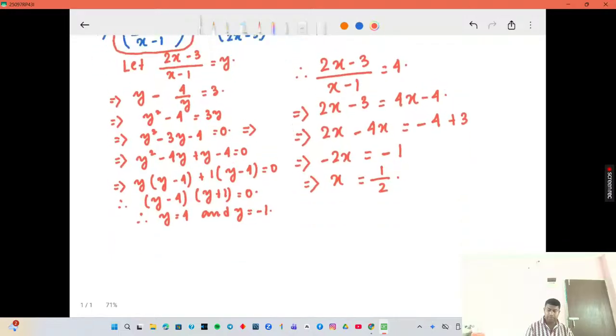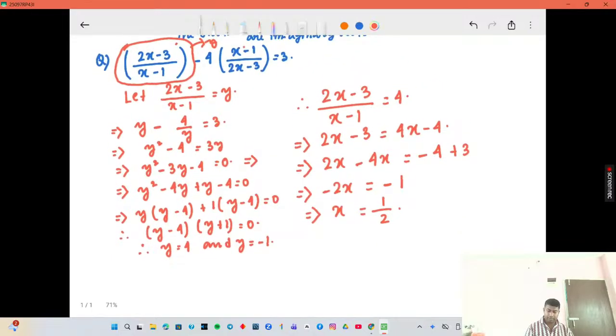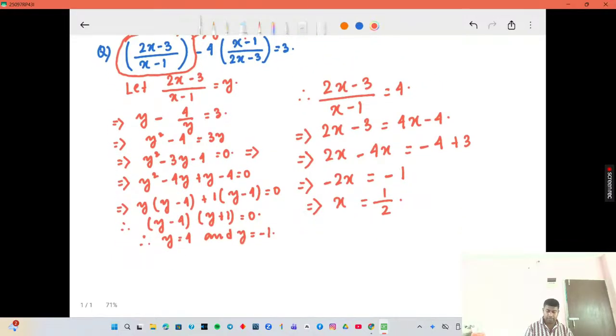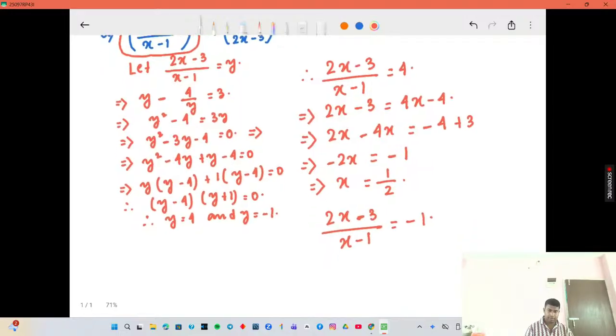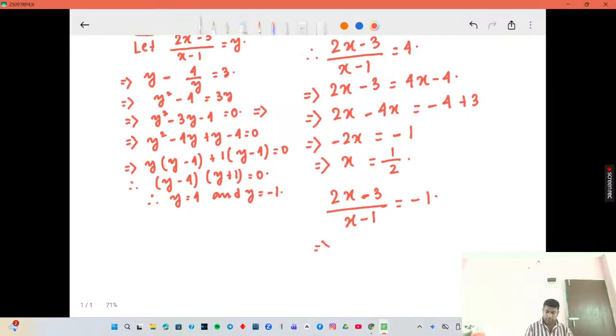Okay, now we will find the value of x for the other one, that is y is equal to minus 1. So we will take (2x minus 3) by (x minus 1) is equal to minus 1. Okay, so 2x minus 3 is equal to minus x plus 1.